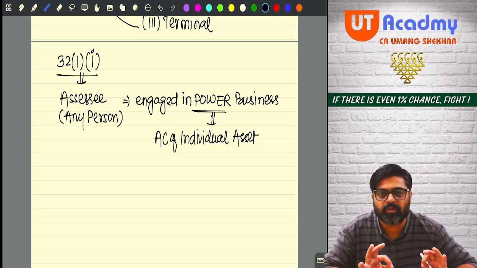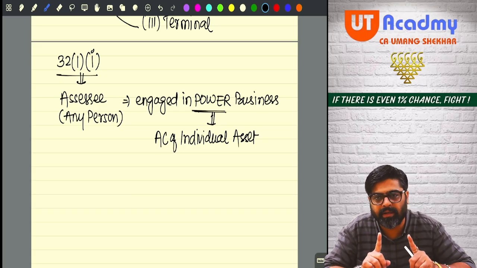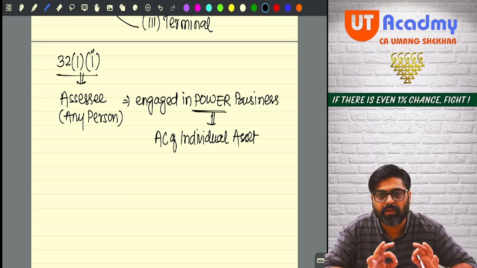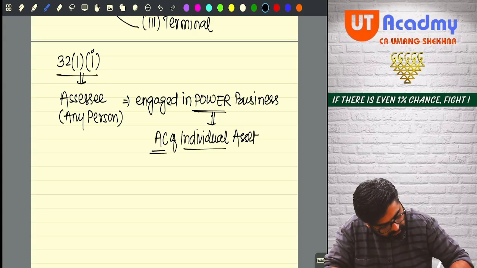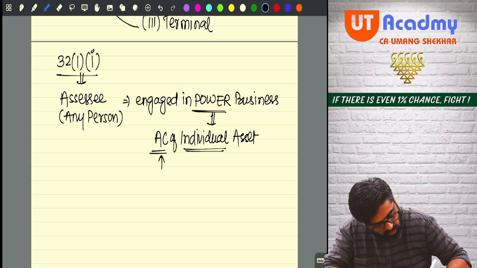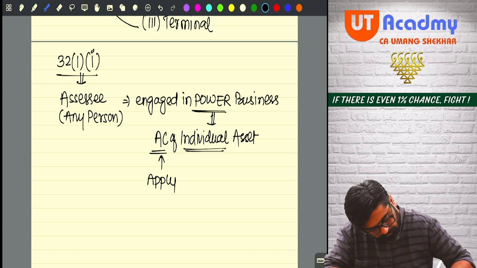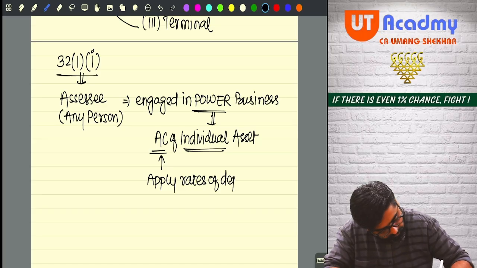Every asset which you will acquire for this business, every individual asset, whatever is the actual cost of that individual asset, on that actual cost you will apply the rates of depreciation.